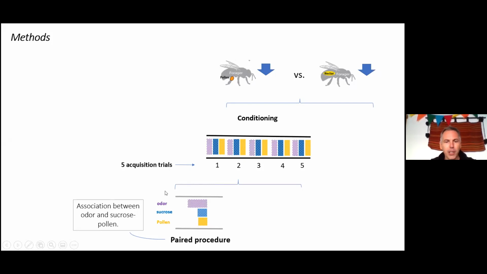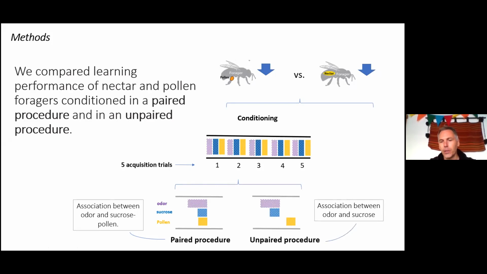This procedure, we call it the paired procedure, as pollen was paired with the odor. And we also performed a second procedure, which we call the unpaired procedure, in which the association during conditioning was established between the odor and the sucrose. Pollen was also presented, but afterwards.